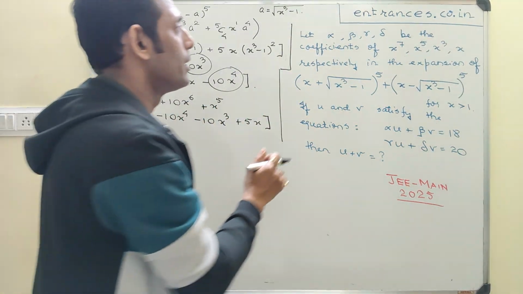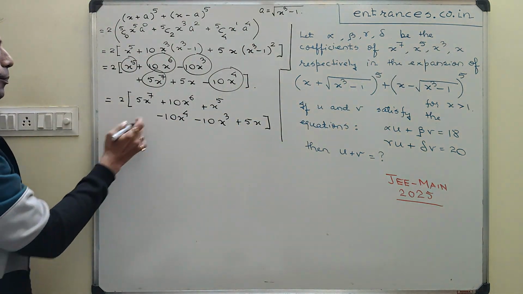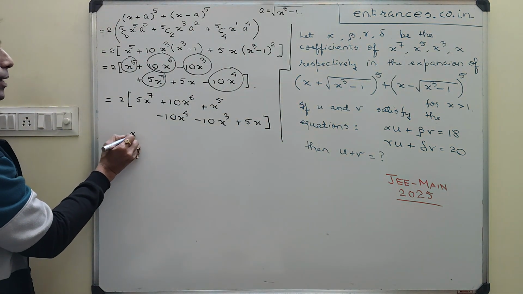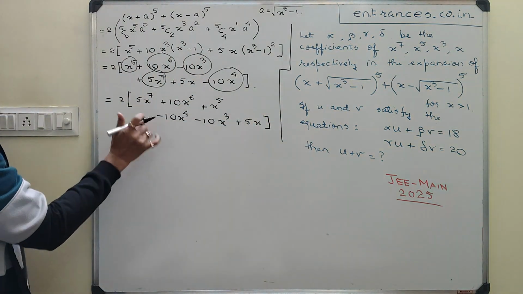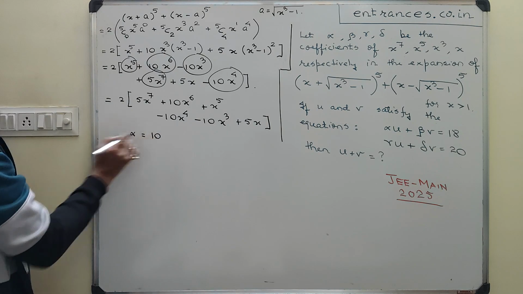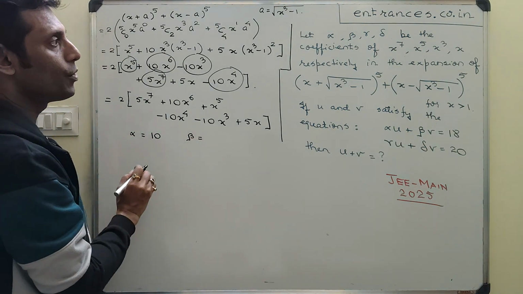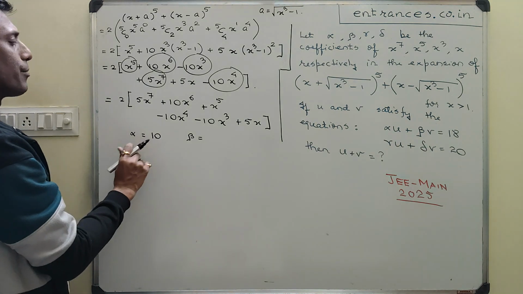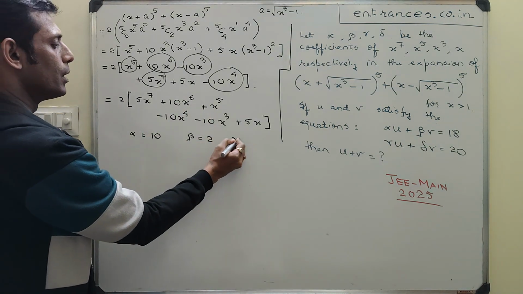And they are asking that if alpha, beta, gamma and delta are the coefficients of this. So when we compare, if we look for alpha as the coefficient of x power 7, it's going to have a coefficient of 10. Beta as the coefficient of x power 5, it's going to be 2.